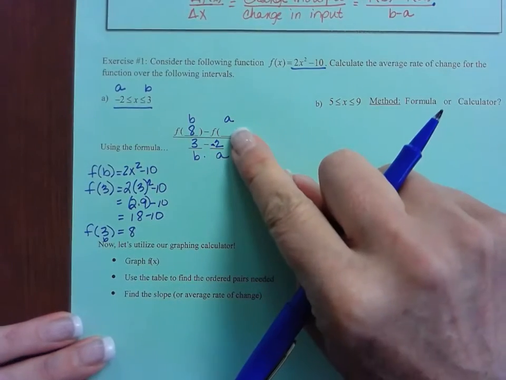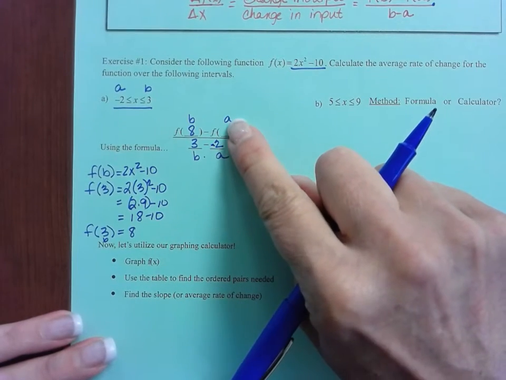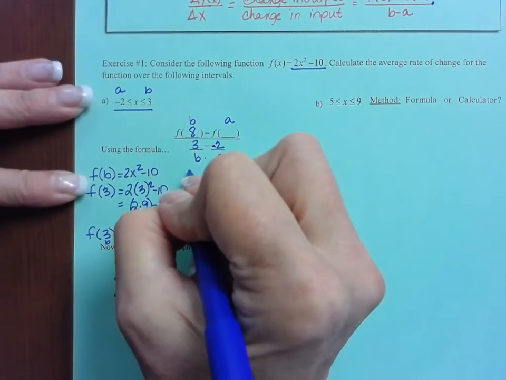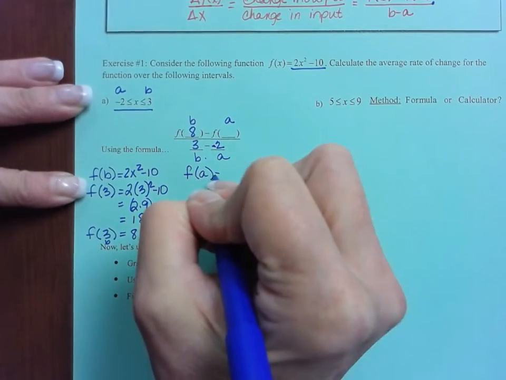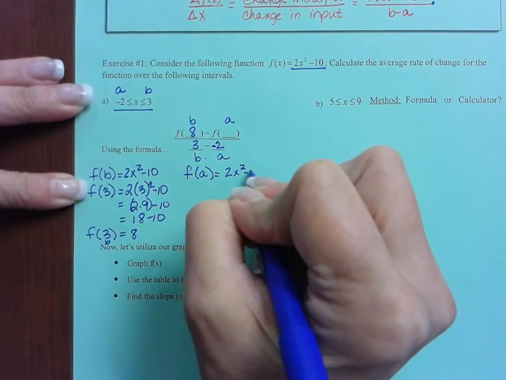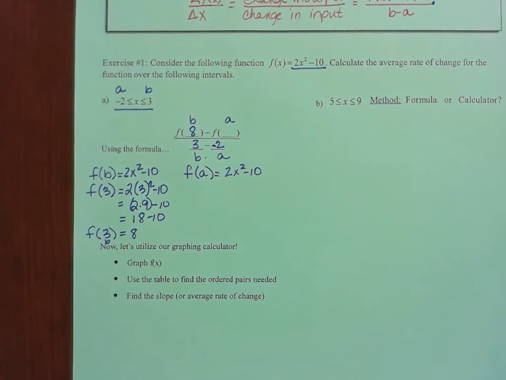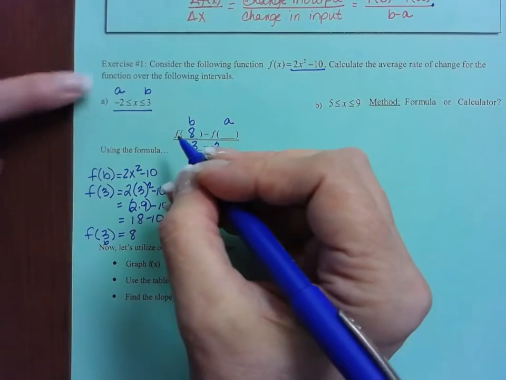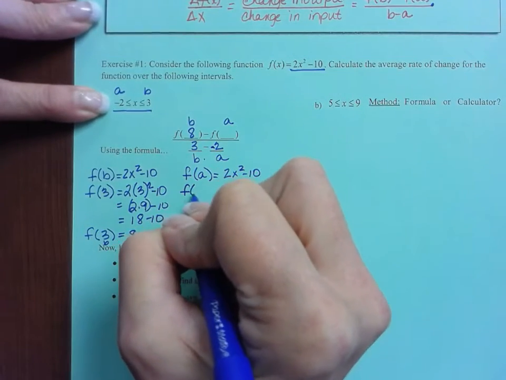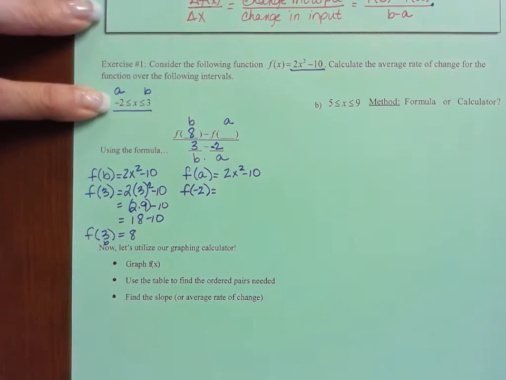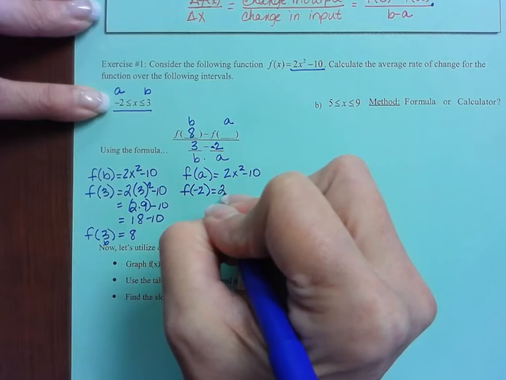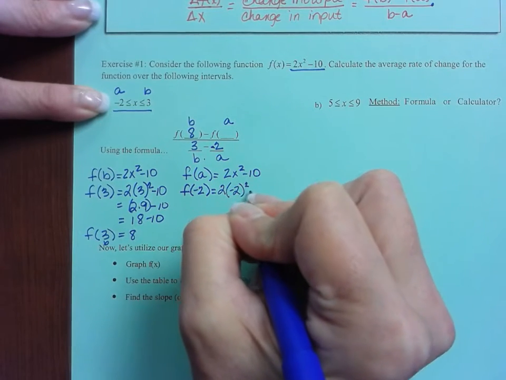So how do you find my f of a? Same thing. Think of it as the f of a for 2x squared minus 10, which means since a is negative 2, I need to find the f of negative 2. Which is going to give me 2 times negative 2 squared minus 10.